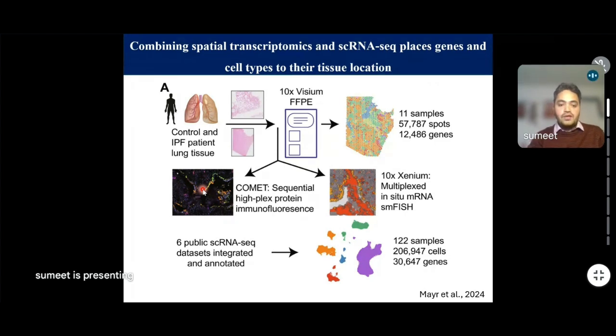At the same time, we can use some of the single cell sequencing datasets, which are either generated in the study or coming from a publicly available dataset. And the difference between this technology and this technology is that here we have not disturbed the architecture of the tissue. The whole tissue is still intact.